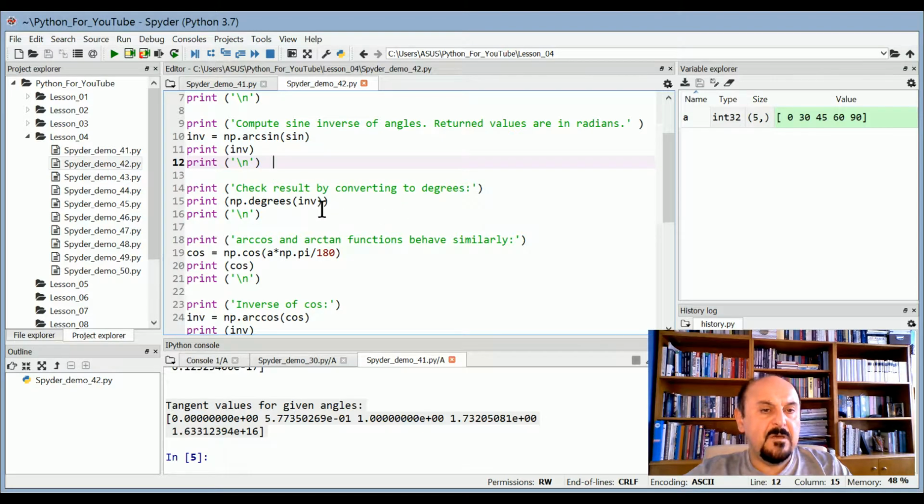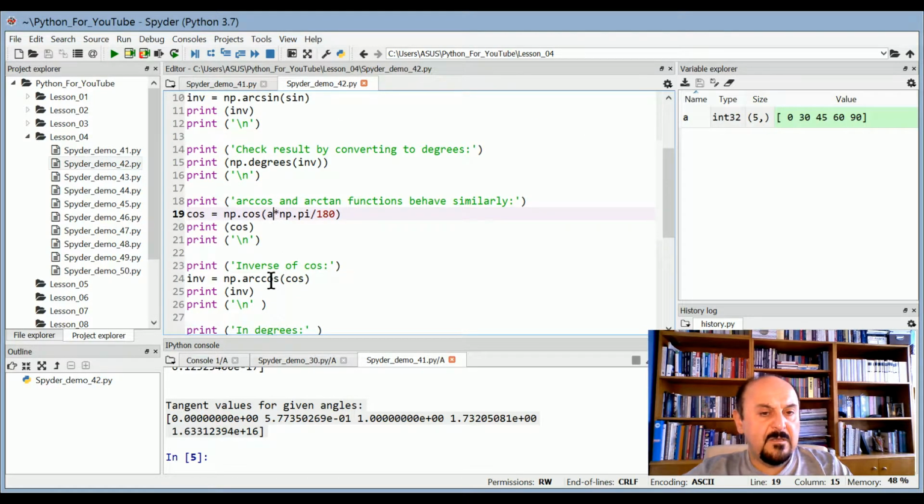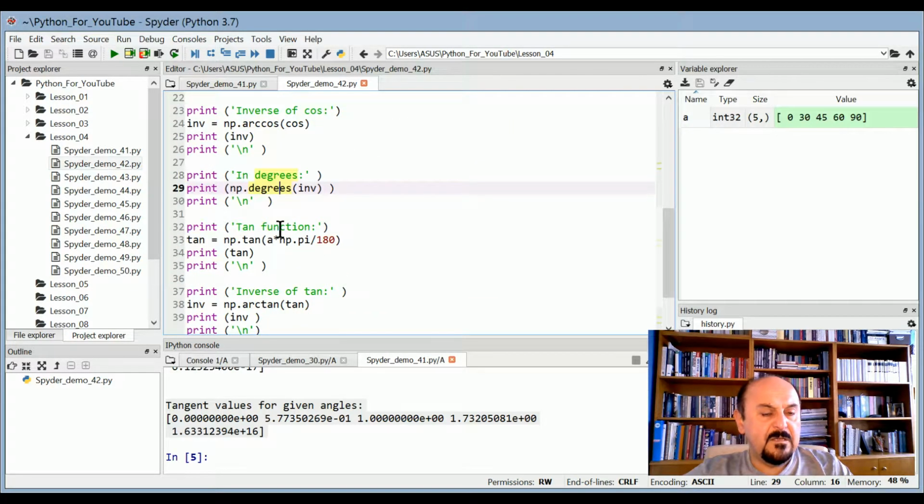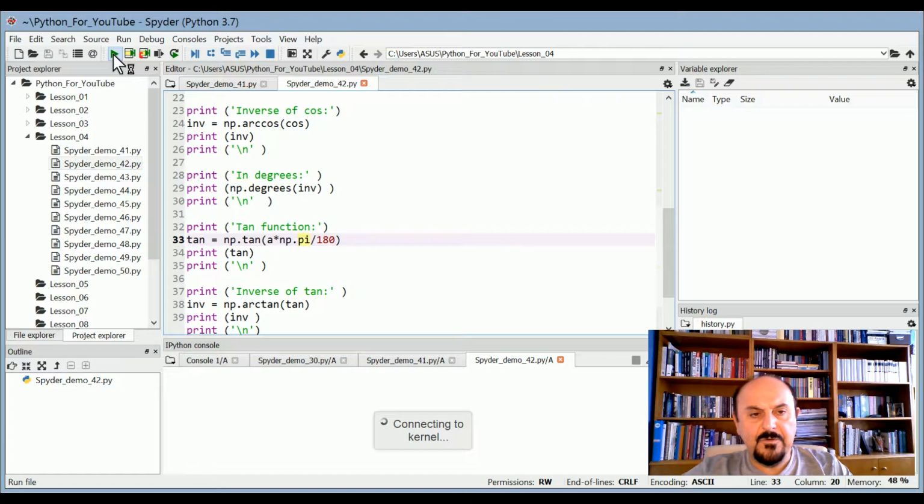And this time I'd like to convert it to degrees. This is the keyword to convert it to degrees. Similarly, the arc-cosine or arc-tangent functions behave similarly. Just instead of this, we could use this one, and arc-cosine for arc-cosine as well, and this is the same for tangent functions. Okay, instead of saying lots of words, I have to show it to your eyes.